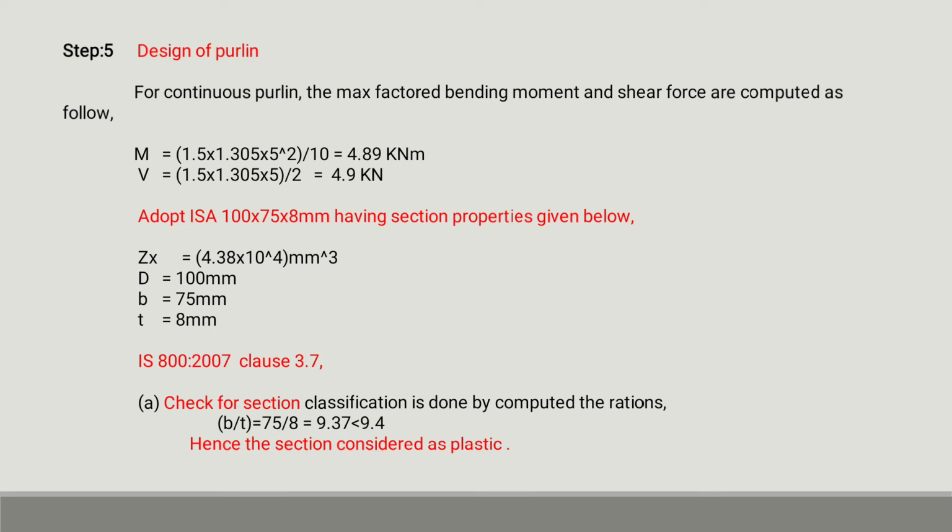Check for the section: the classification is done by computing the ratios, which are given in our code book. B by T is equal to 75 divided by 8, which is 9.37, and 9.37 is less than 9.4. Hence the section is considered a plastic section.